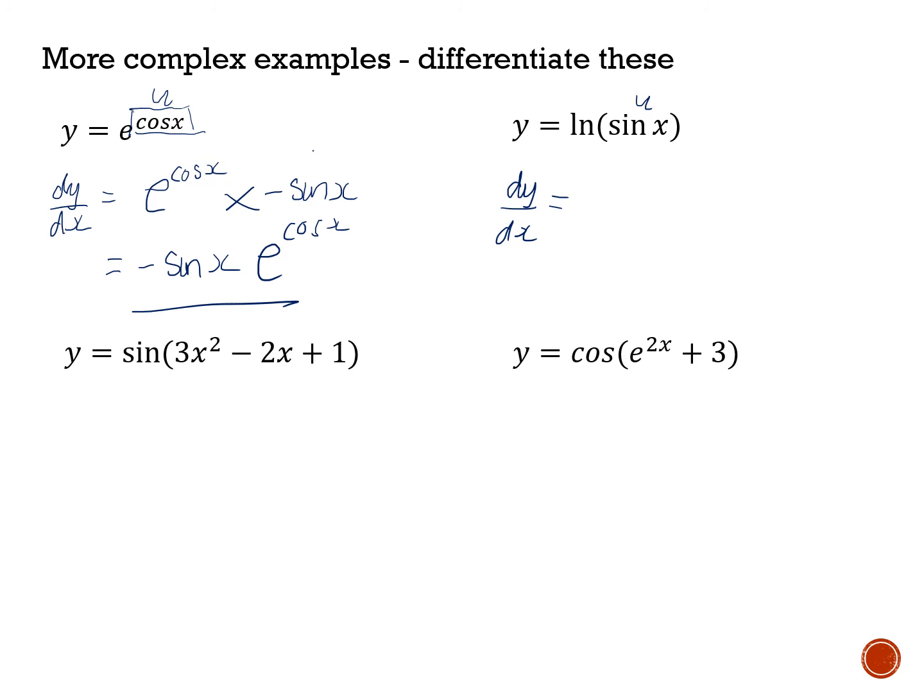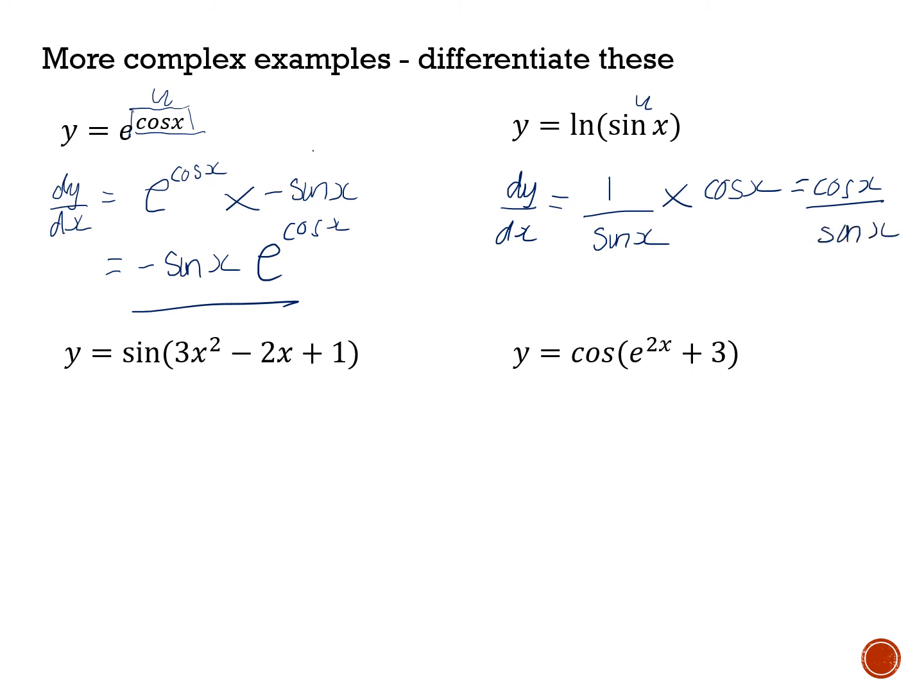Do you remember what ln differentiates to? Yeah, it differentiates to 1 over u, which is my sine x. By the chain rule, what do I times by? I times by du dx. What's du dx? Cos x. Now, I'm going to write it like this and just point something out to you.